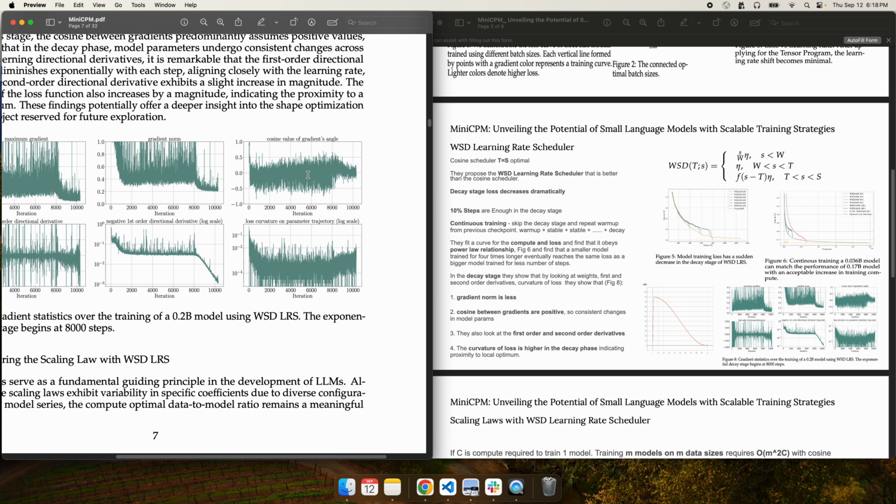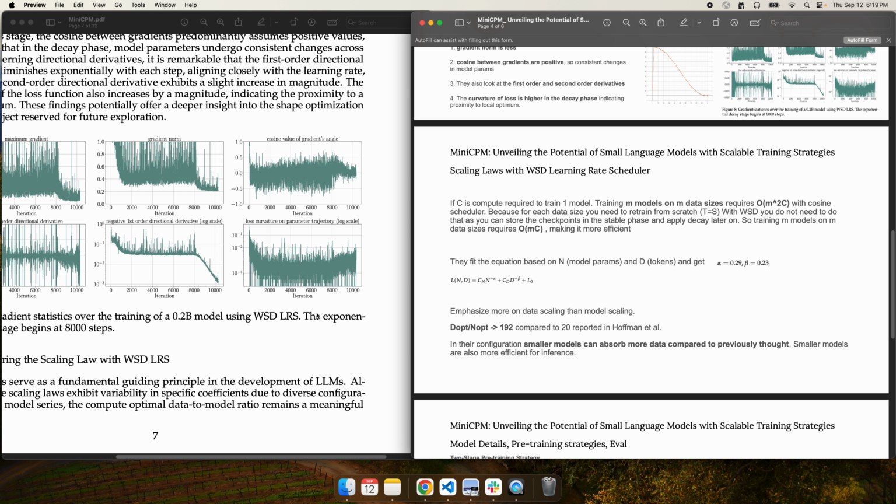And they also look at the cosine between the gradients, and they find that that's mostly positive here. So the updates are more consistent and aligned. And they look at the first order and the second order derivatives, and they also look at the curvature. So the curvature basically increases slightly in the decay phase, indicating that it's proximal to a local optimum.